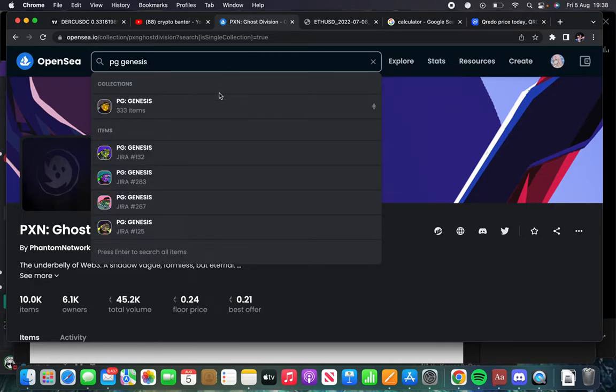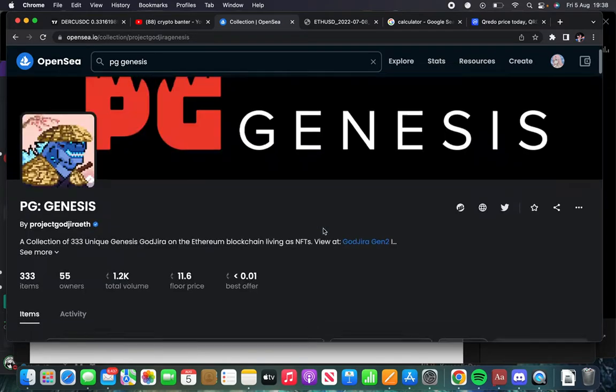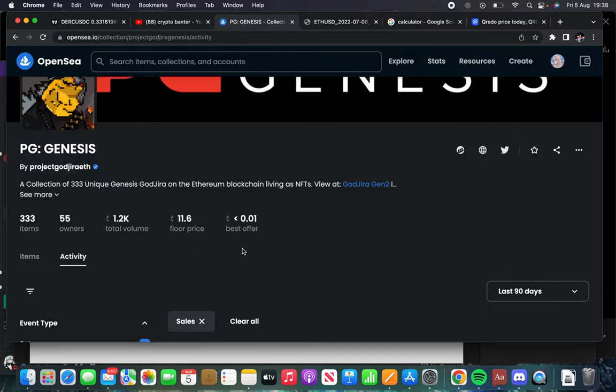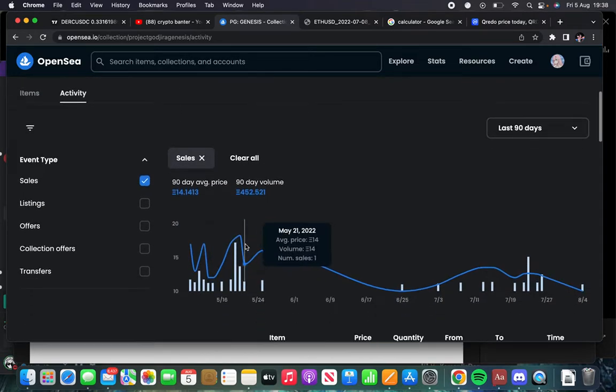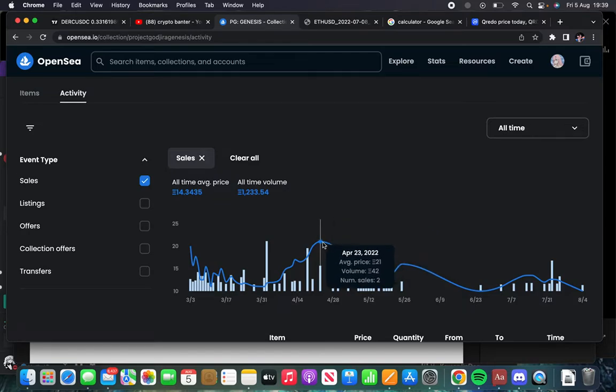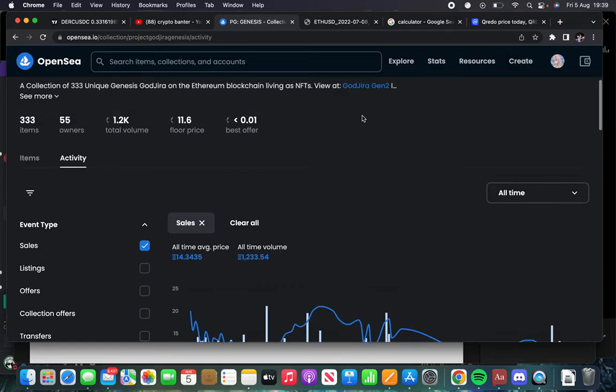and I remember, hold on, what was it? I remember when the Gen 2s came out, right? I can't remember exactly when, but the Gen 2s came out, and I remember the Gajira Genesis was at around 20 ETH.